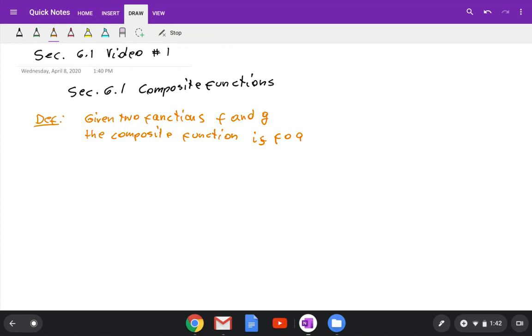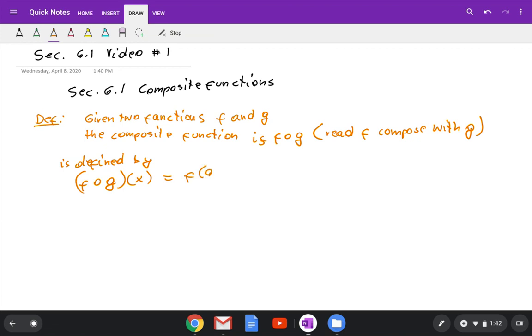f composed with g. So you read f composed with g is defined by f composed with g of x, that's the input, is the same as f of g of x.